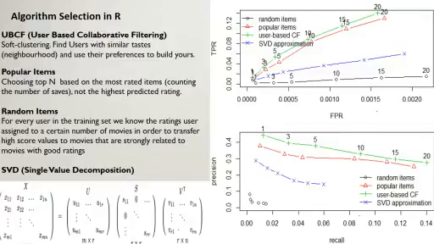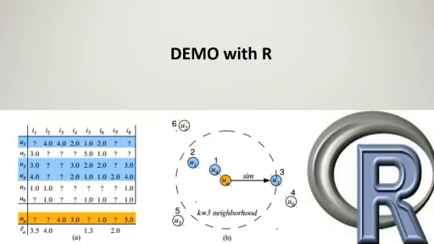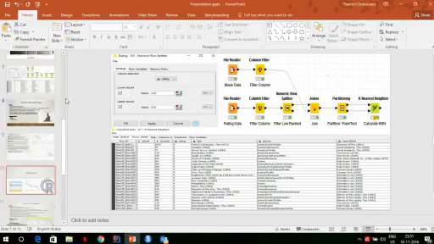Based on testing all the 4 algorithms, the user-based collaborative filtering is the most appropriate algorithm, and it gives the maximum prediction with the least error. So I then decided to use this algorithm to build the recommendation model.